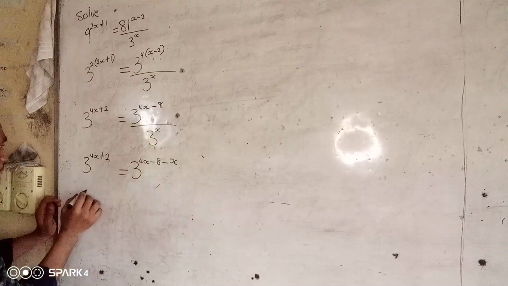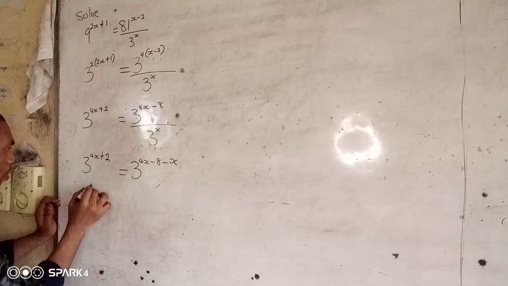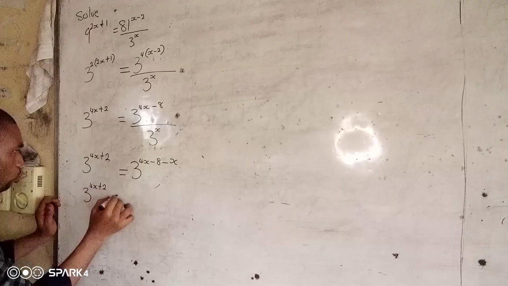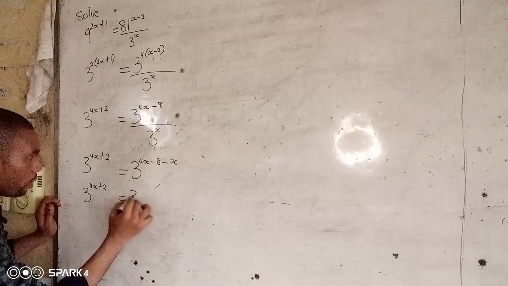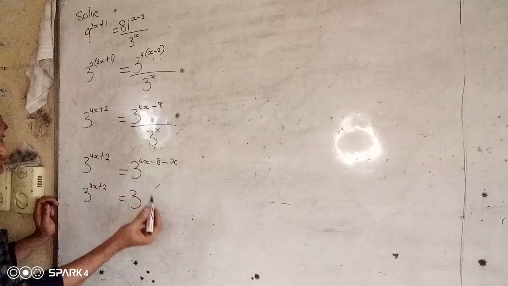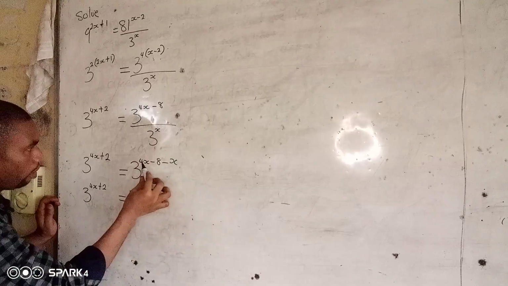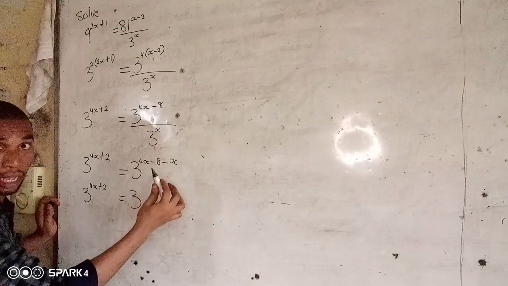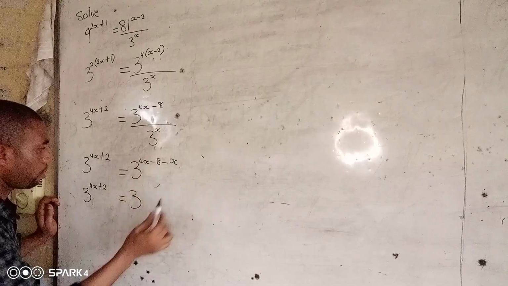Then from here, I'm going to have 3 raised to the power 4x plus 2 is now equal to 3 raised to the power. Let's rearrange like terms. 4x minus x, they are like terms because they have terms in x.